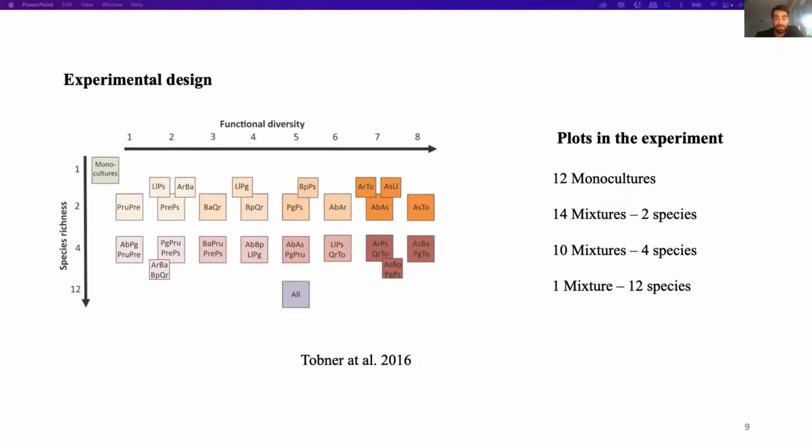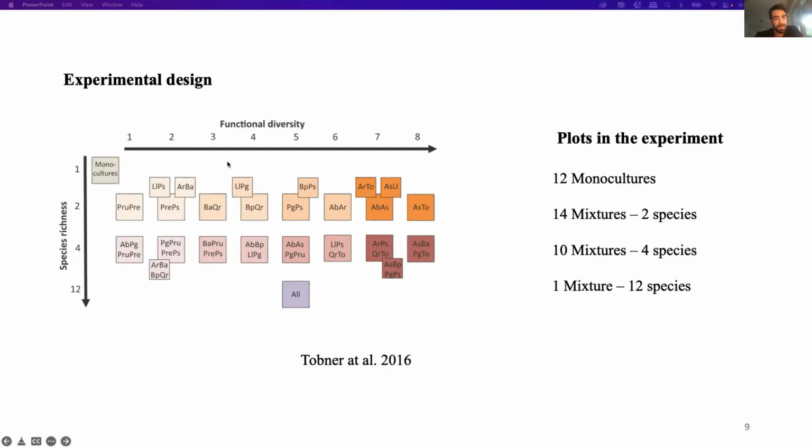As I said at the beginning, this study was conducted in the IDENT Montreal biodiversity experiment with trees. This experiment includes monocultures of 12 native species. Then we have 14 combinations of 2 species, 10 combinations of 4 species, and a mixture including the 12 species. Each community was replicated 4 times in a randomized block design.